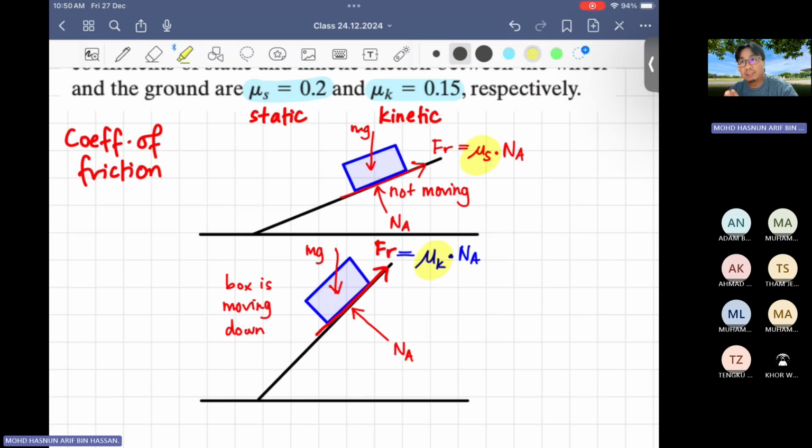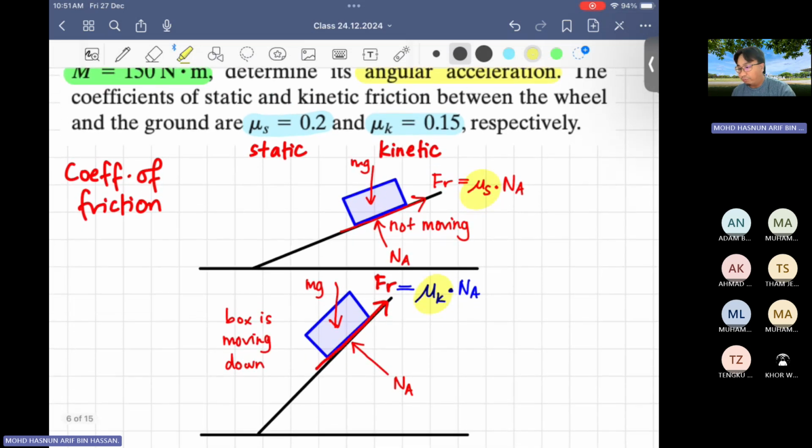So when the object is not moving, the friction that opposes the motion uses the coefficient of static friction. When the object starts to slide down, the friction is still there, but the coefficient of friction that you use is no longer the coefficient of static friction, but the coefficient of kinetic friction.